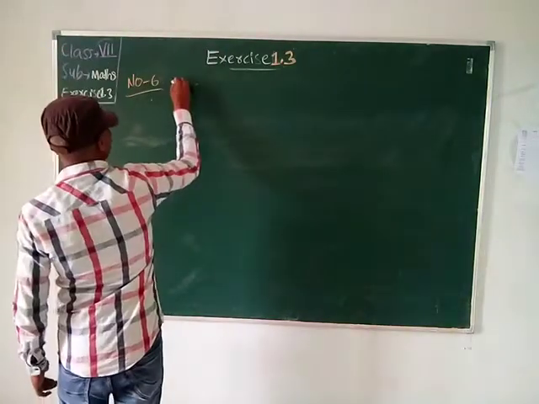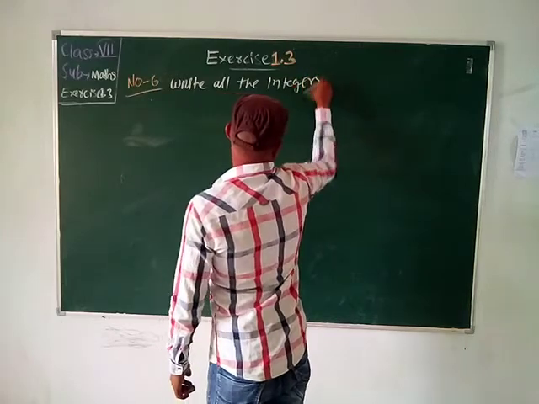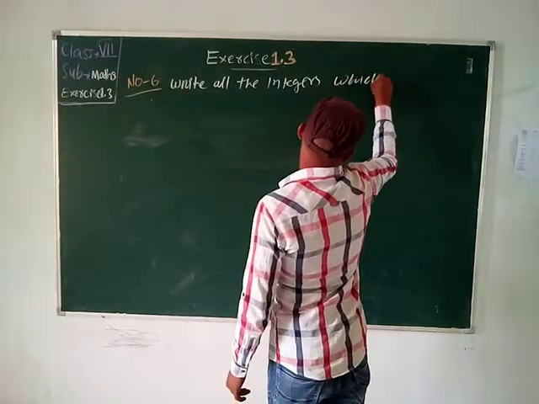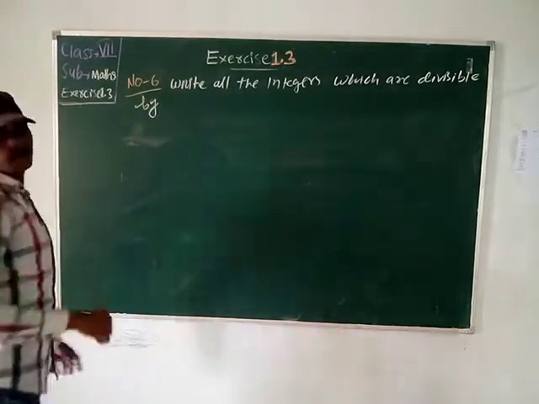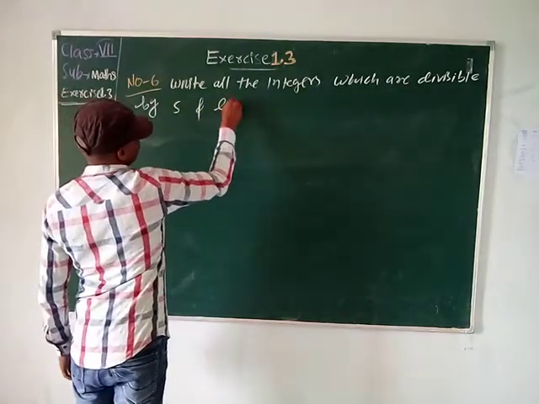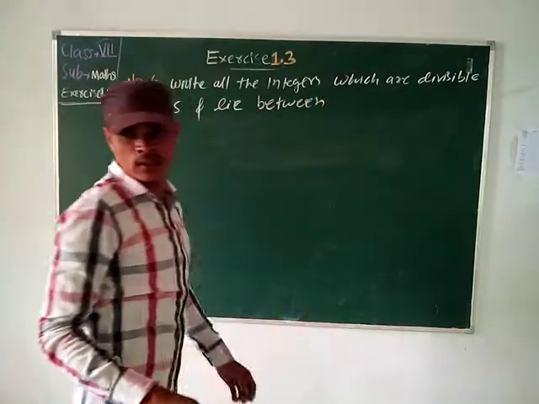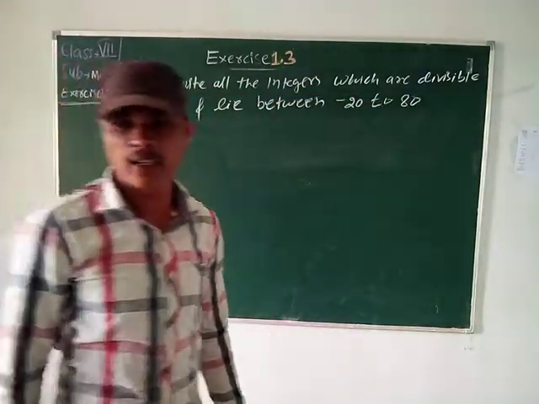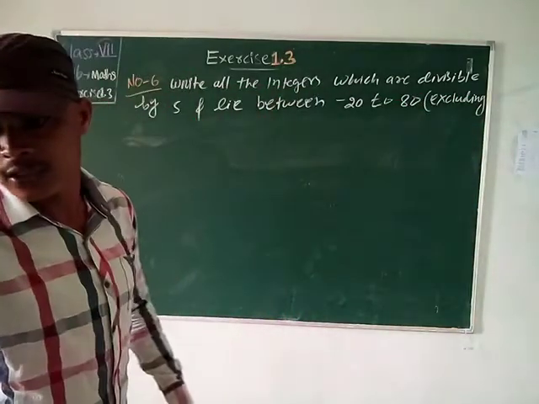Write all the integers which are divisible by 5 and lie between minus 20 and 80, excluding minus 20 and 80.